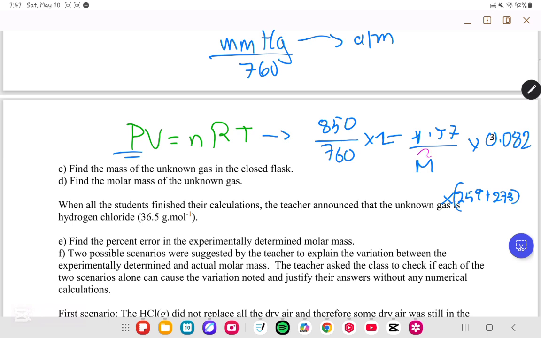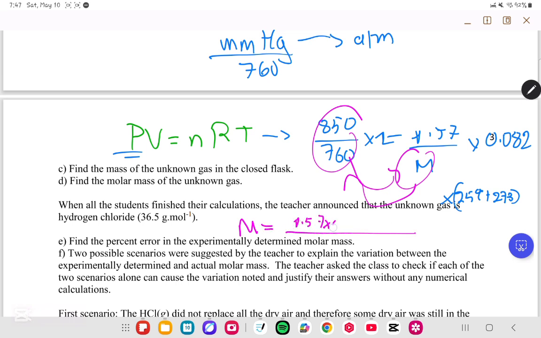Now, after moving the M over here and moving this over here, our equation is going to look something like this. The molar mass is equal to the mass, which is 1.57, times R, which is 0.082, times 25 degrees plus 273, over 850 over 760, because we needed it in atmospheres, times 1.